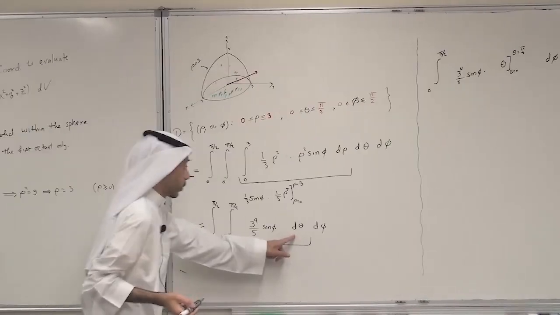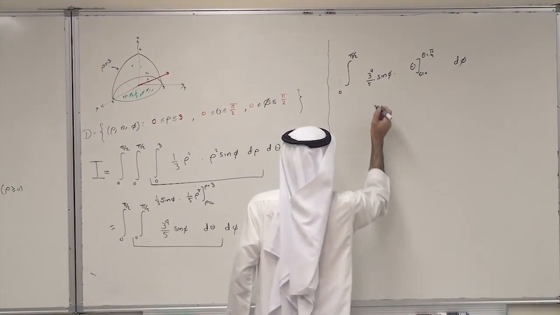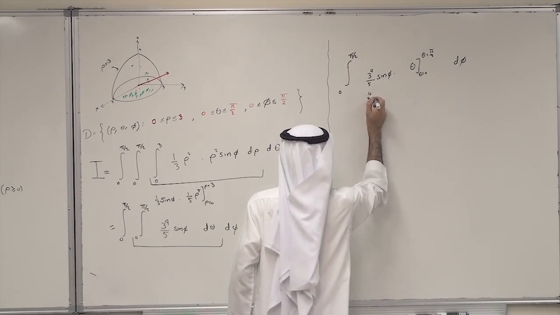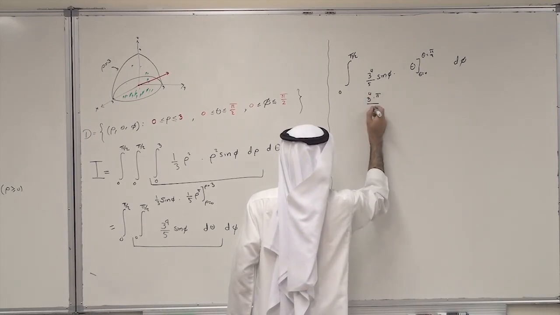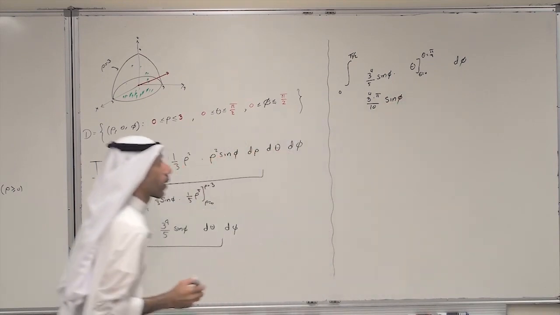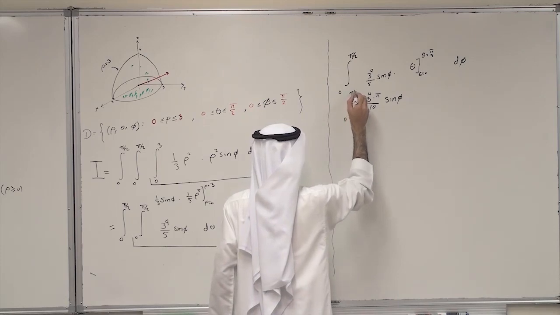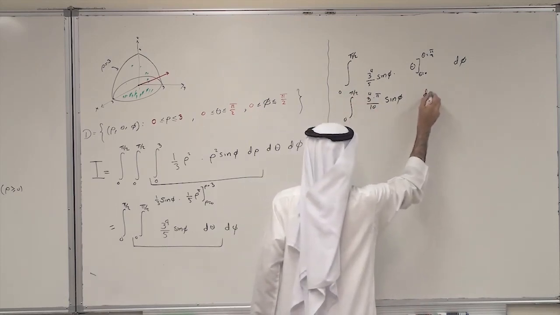When you integrate over theta from 0 to pi over 2, it becomes 3 to the power 4 times pi over 10 sine phi, d phi from 0 to pi over 2.